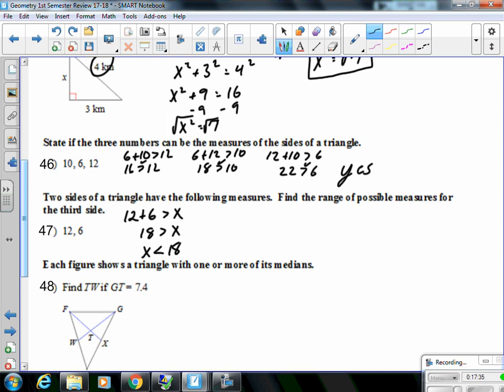And then the smallest number added with the x, so 6 plus x, would have to be greater than the biggest number they gave us, which is 12. Subtract 6, so x is greater than 6. So the range is basically that 6 is less than x is less than 18, or the x has to be between 6 and 18.